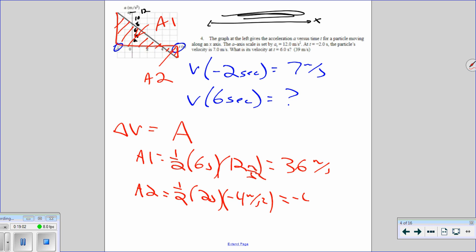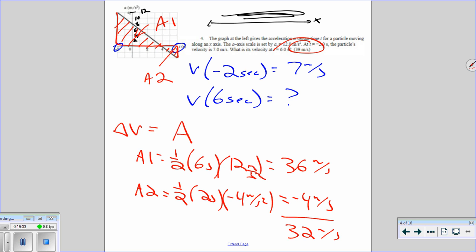So that gives -4 meters a second. So how would I find my total area then? Just add those, right? Follow? So, this means that between here and here, my velocity's got to increase by 32, right? It began at 7. 7 plus 32 gives you 39.